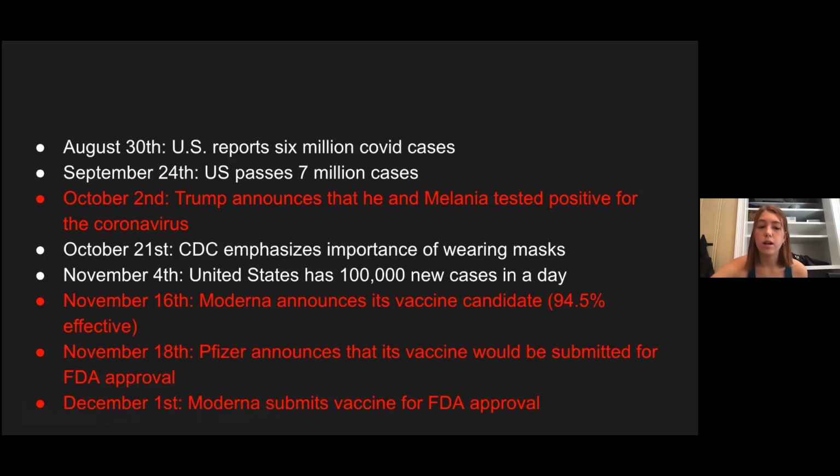And on November 18th, Pfizer announced that its vaccine would be submitted for FDA approval. So this was the first step that showed that we were really quickly moving in the right direction. And then on December 1st, Moderna submitted its vaccine for FDA approval, showing that perhaps we would have more than one option for a viable vaccine. Next slide.